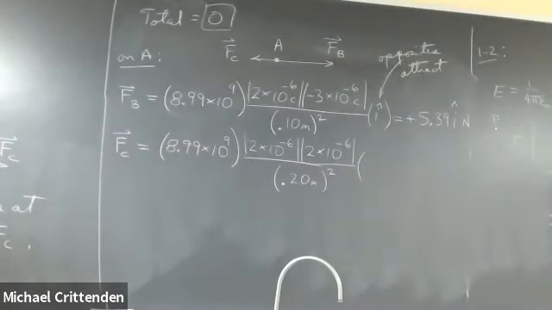Charge C is 20 centimeters away from charge A. So 0.2 is what goes in for r.